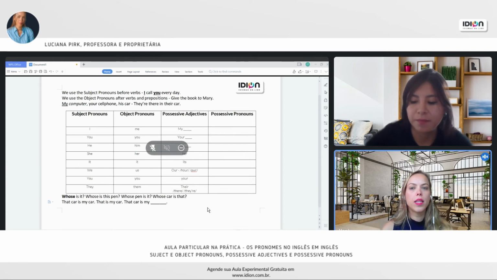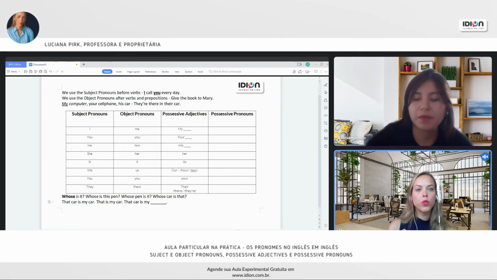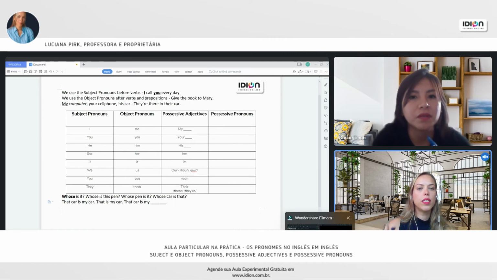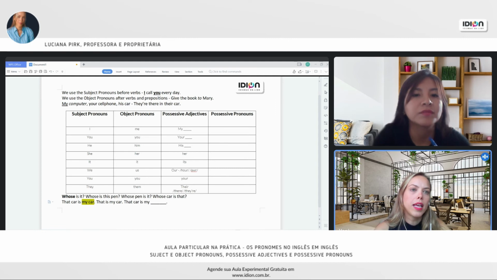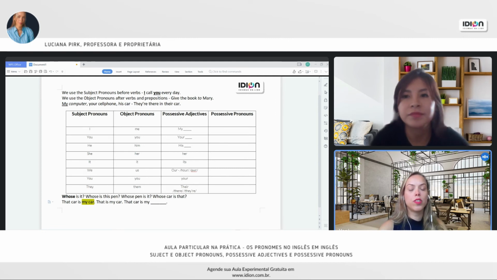In this case, we have my car, and the possessive pronoun will substitute the adjective and the noun. That's why it's a possessive pronoun. You can put it in the place of that, so you don't need to say the noun again.